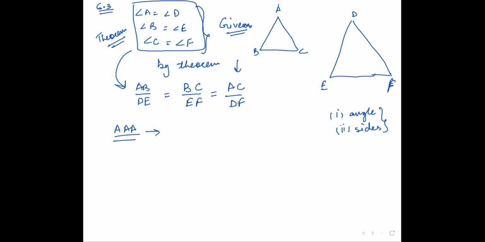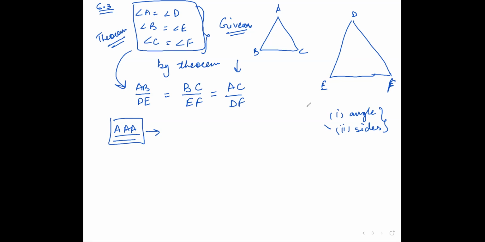It's obvious that they are in proportion, and we call it AAA criteria. Getting the point here? Any confusion? Please tell me right now. If the angles are equal, the proportion of the sides is also equal. Yes, this is a theorem that if all the angles are equal, the sides are in proportion.